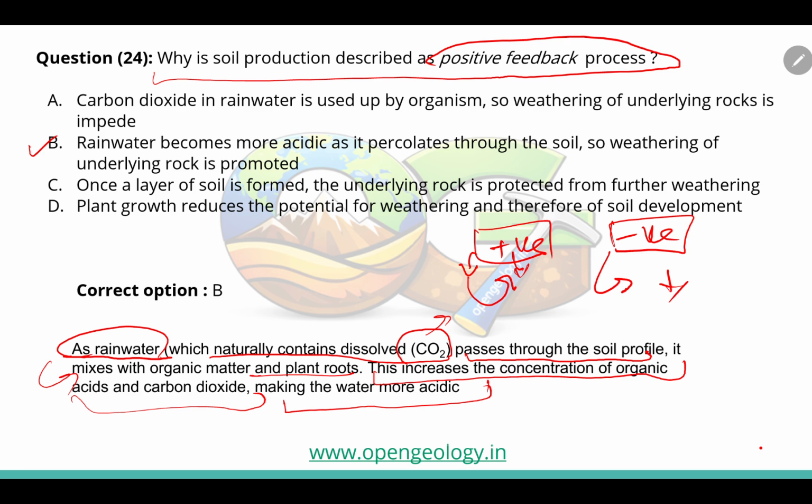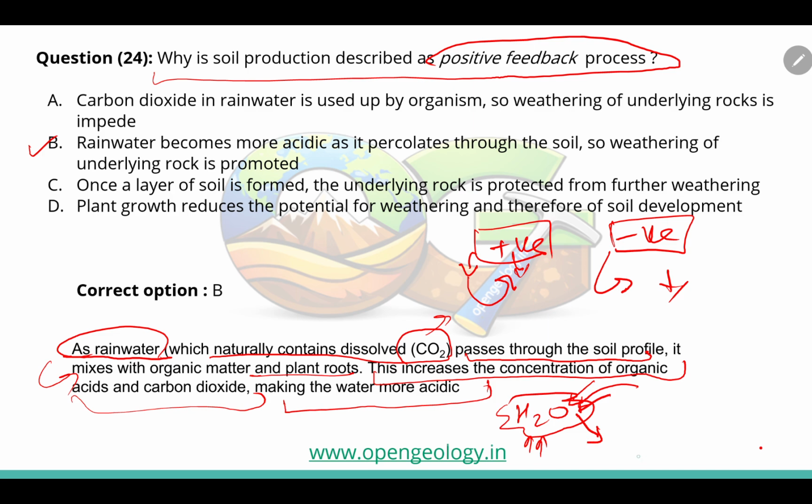Let me share one more example. Let's say evaporation happens from the ocean. Now this evaporation consists of water vapor. This water vapor is a greenhouse gas. So this water vapor will trap more sunlight and increase the heat.